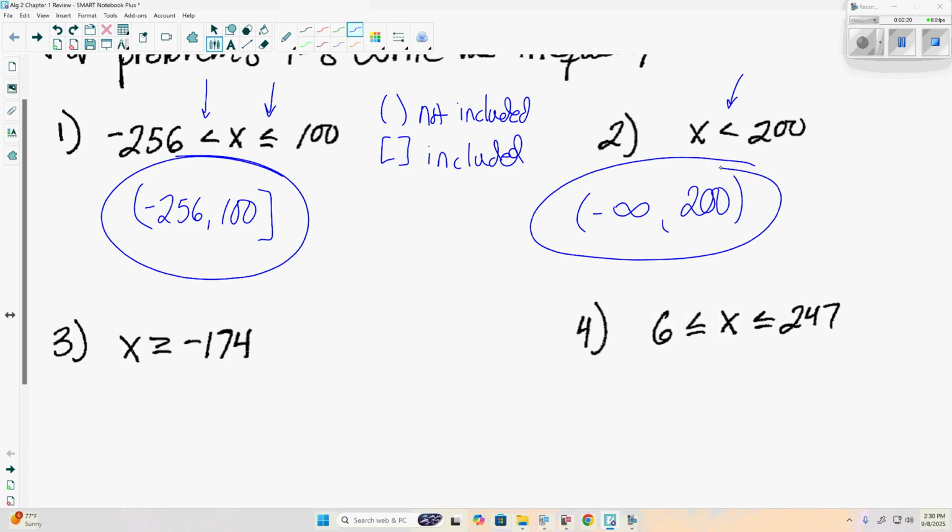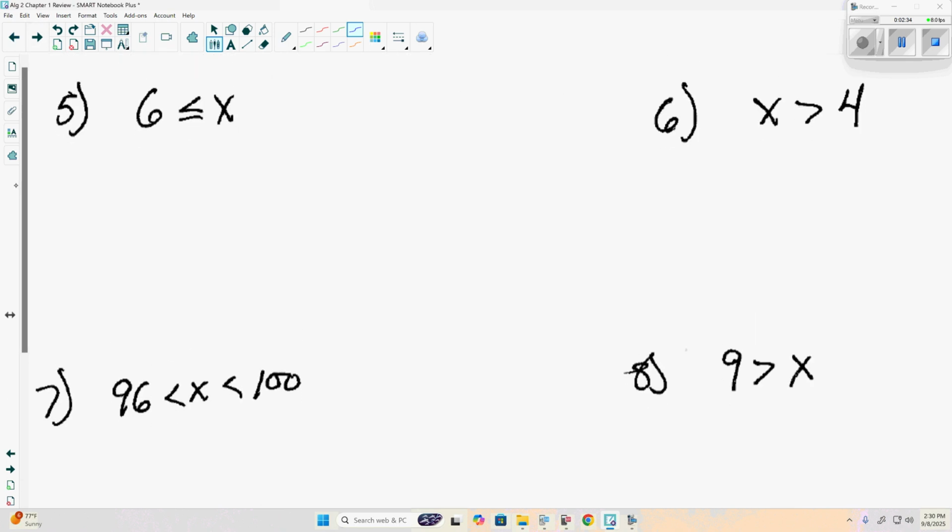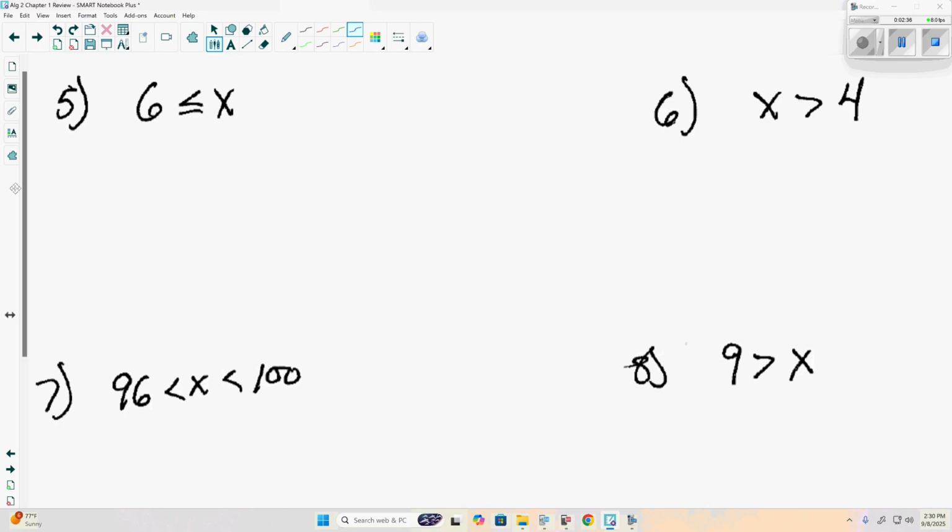Questions on 1 through 4. We feel comfortable with 1 through 4? Yes? All right, questions on 5 through 8. Well, 5, our 1 endpoint would be 6, yes?